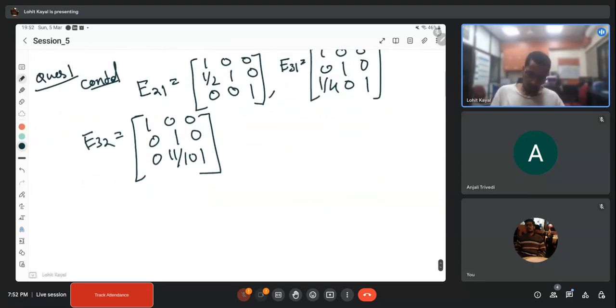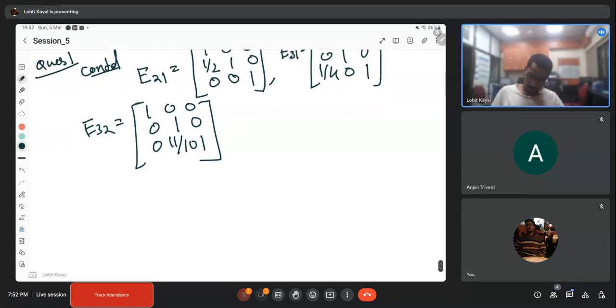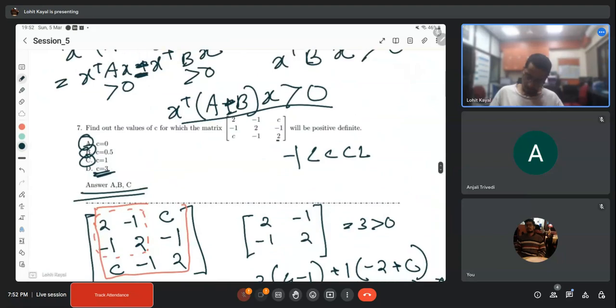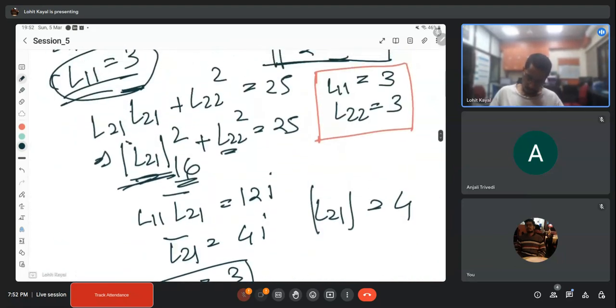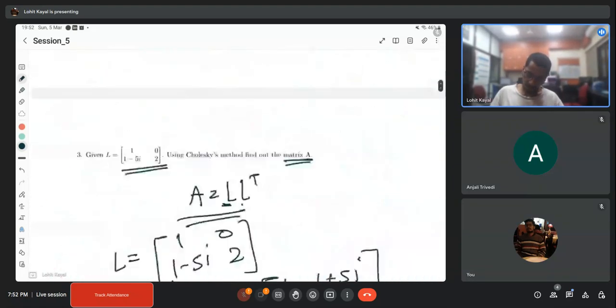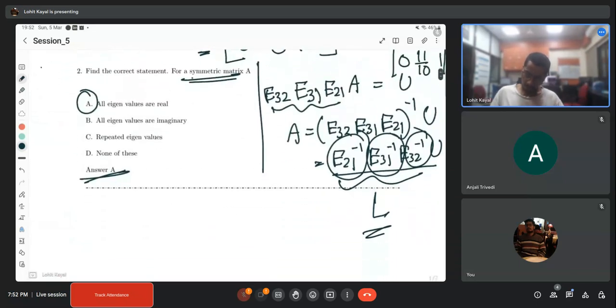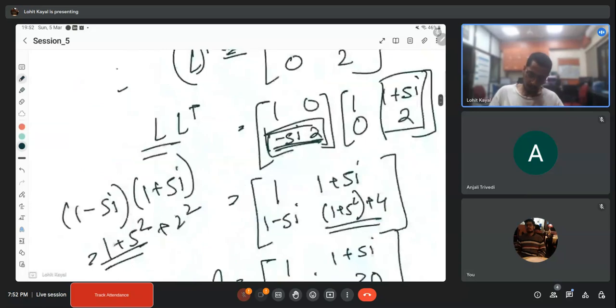Now I need to inverse it and multiply it. So I am writing it directly. Let's be sure about the multiplication order, because if I change the order, the final result will be completely different. So E21 inverse, E31 inverse, E32 inverse. So this is the order.